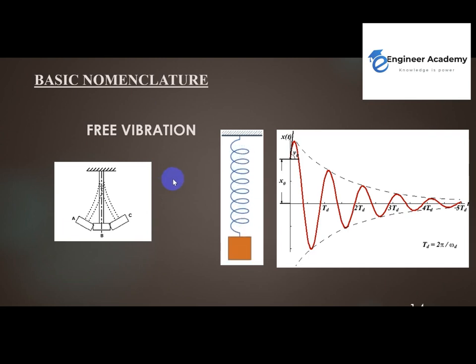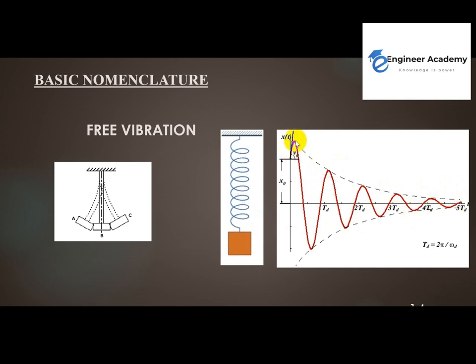Simply by talking about vibration, we find we have three types of vibration. First, we call it free vibration. What is the meaning of free vibration? Free vibration is like this mass spring system. If you pull this mass and let it vibrate, you find it moves up and down, making this curve, this waveform, due to free vibration.